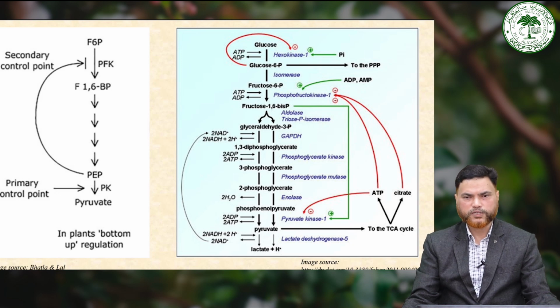Then another enzyme, phosphofructokinase, that is PFK, plays a very crucial role as a regulatory enzyme in the glycolytic pathway, a crucial metabolic process that breaks down glucose to generate energy. Specifically, phosphofructokinase catalyzes the conversion of fructose 6-phosphate to fructose 1,6-bisphosphate, the third step in the glycolytic pathway.